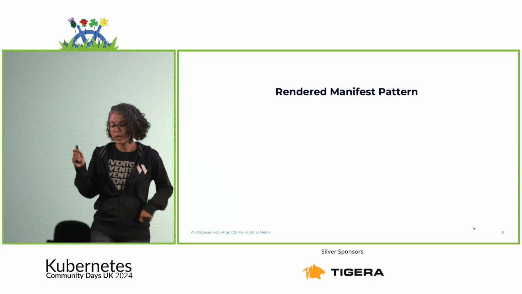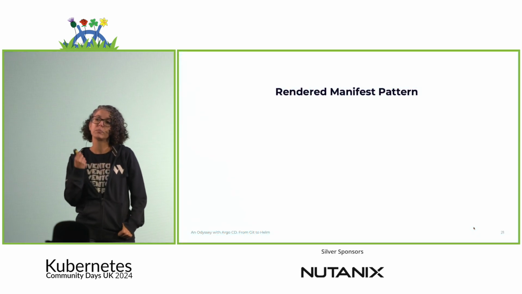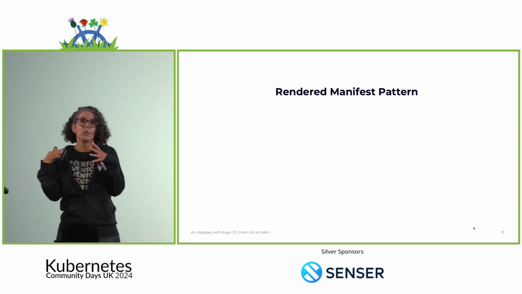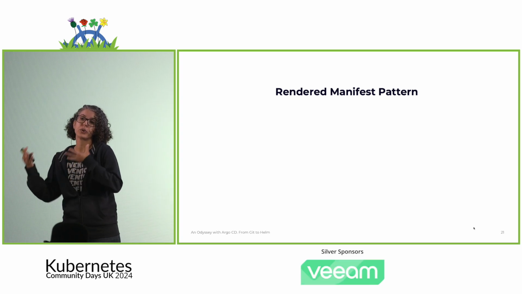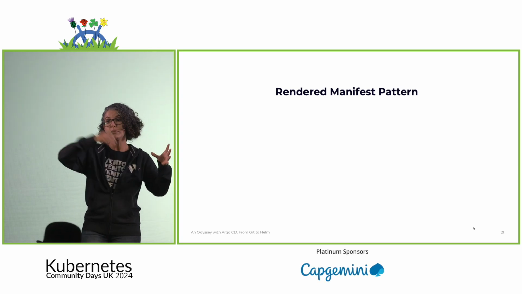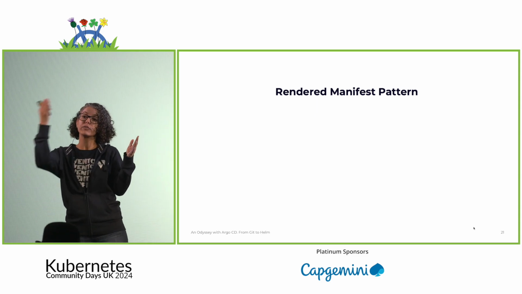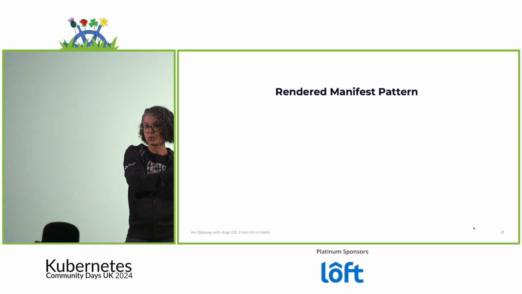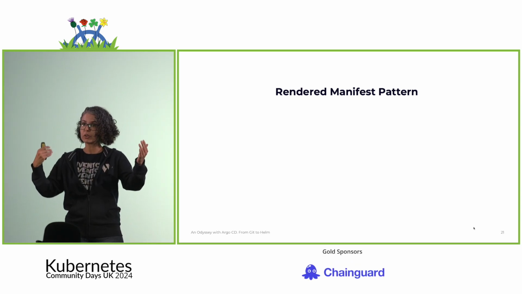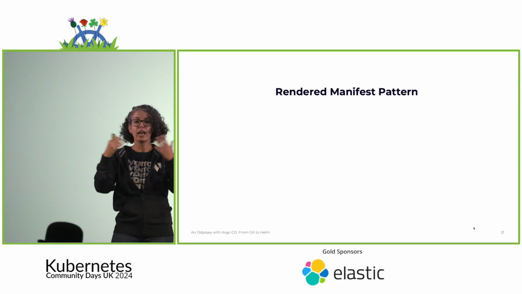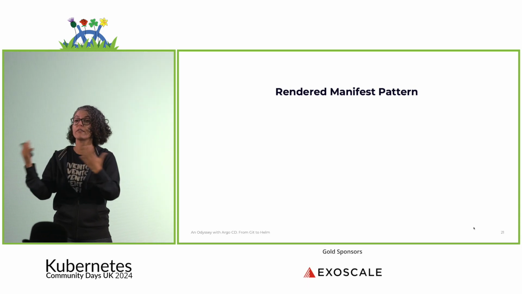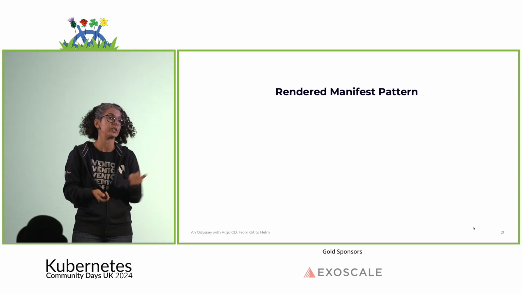So we heard about this rendered manifest pattern, which says mainly to render your Helm manifests and then push them into Git, and then make ArgoCD sync from those manifests in your Git repository. As the rendering happens before, you can fail earlier. And also with the Git diff, you can check the differences between what you have applied and what you will change.